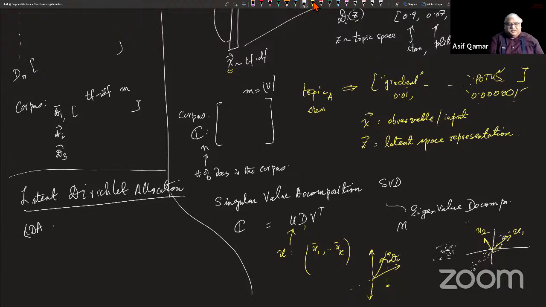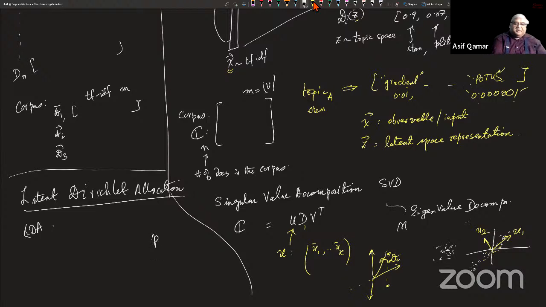It doesn't do a straightforward linear matrix decomposition of the corpus matrix. It takes a slightly more generative programming approach, or a Bayesian approach. It basically says that there is a particular distribution of topics, the words in the topic, a probability distribution, right?